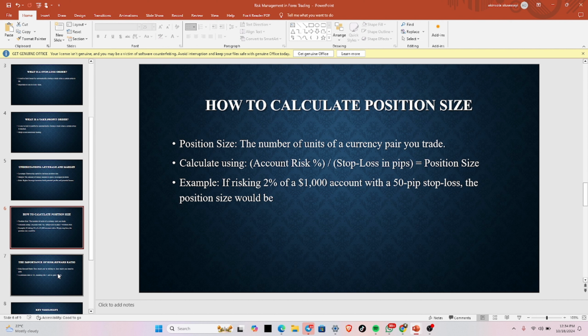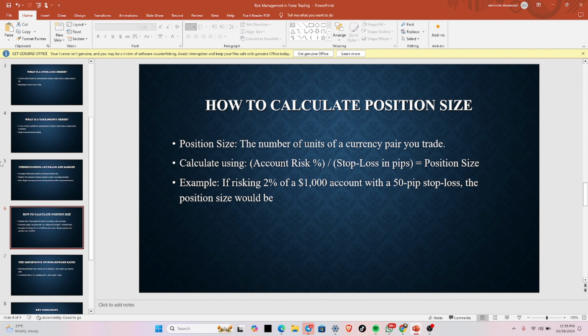Do you get that? So the formula for you to calculate position size is what? Your account size, for example $100, divided by your stop loss, maybe for example 20 pips. That will give you the amount of positions, the lot size you have to use.